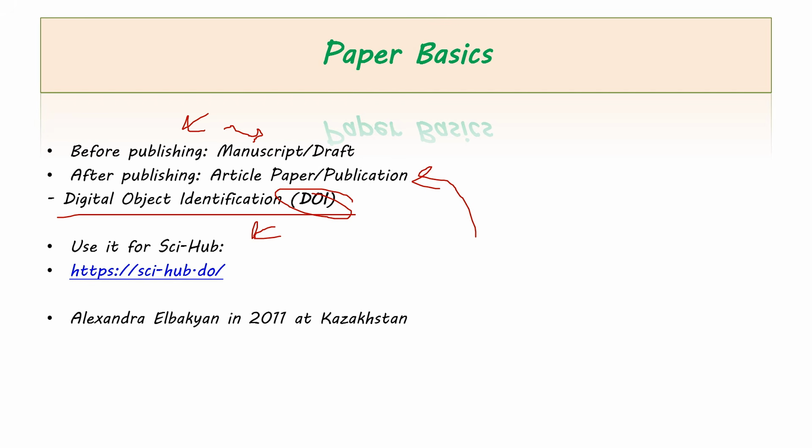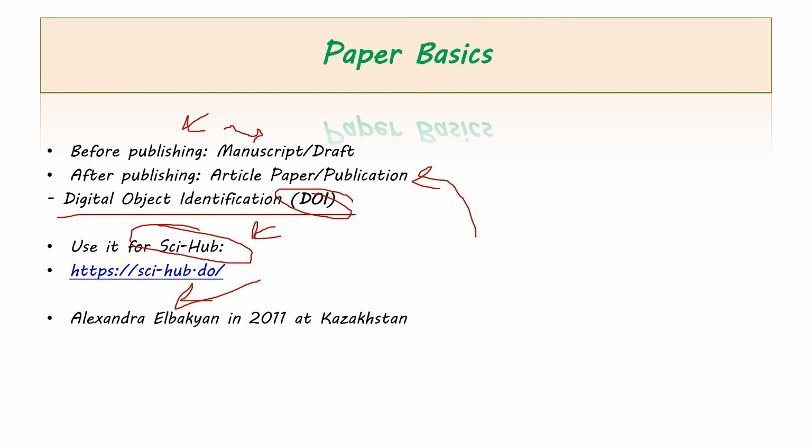closed access papers, using it on the Sci-Hub website, which was developed by Alexandra Elbakyan in 2011 in Kazakhstan. She developed this website to help in free sharing of knowledge between physicians and clinicians.